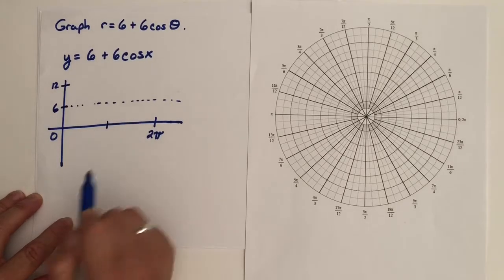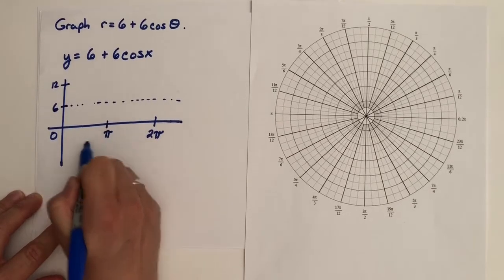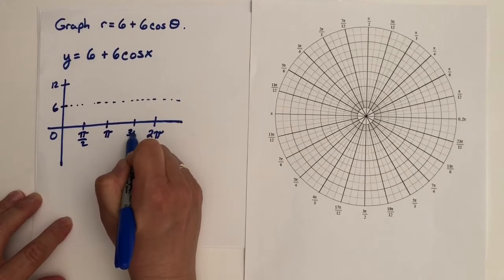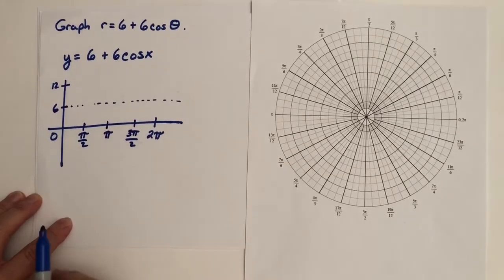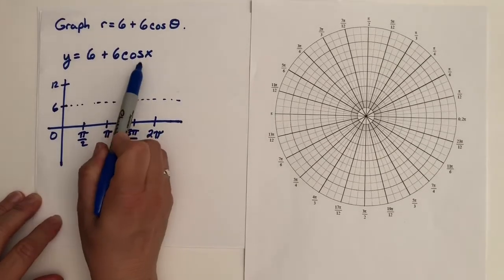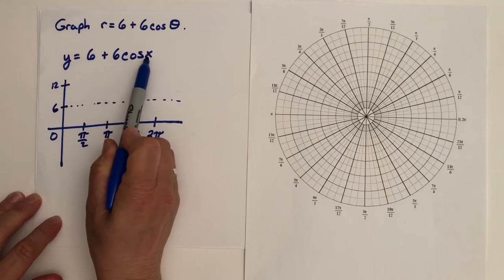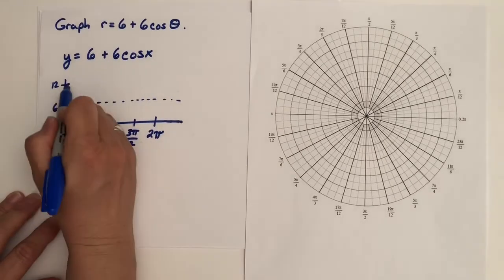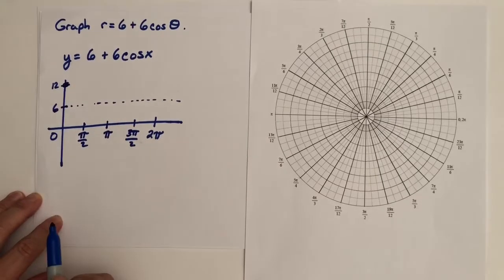Let me get some intermediate values here. Here's pi. Here's pi over 2. Here's 3 pi over 2. So if we start at 0, you can even substitute a 0 in here. Cosine of 0 we know is 1 times 6 is 6 plus 6 is 12. Just as we expected, we're starting up here.